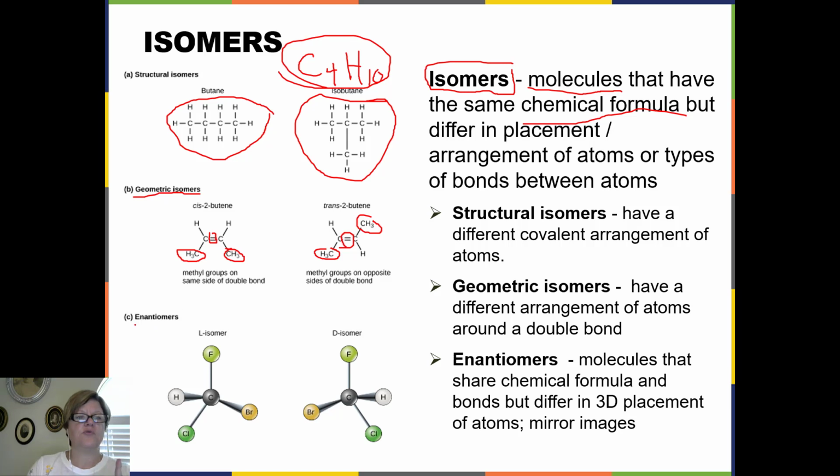Now, the one that's kind of weird is called enantiomers. Enantiomers are molecules that look pretty much the same. They have the same chemical formula, but they are specifically mirror images of each other. Like if I put a mirror right down the middle here, this molecule is looking in the mirror and it looks just like this one. Mirror images, like your left hand and your right hand.